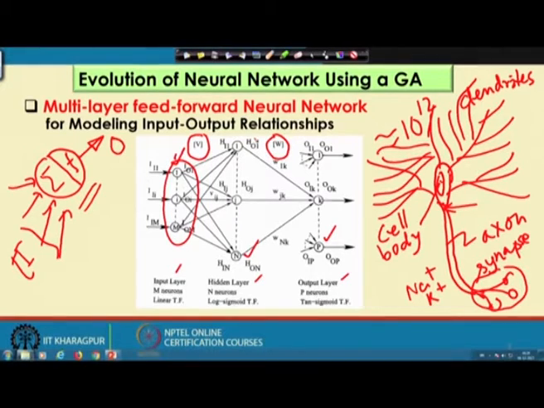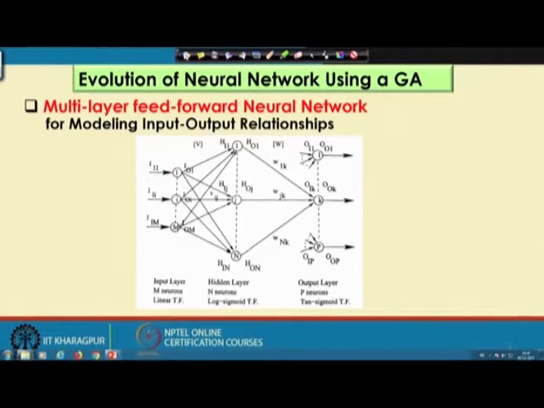For example, we use the hard limit transfer function. Let me see the principle of this hard limit transfer function. Supposing this is the input u and the output is denoted by y.